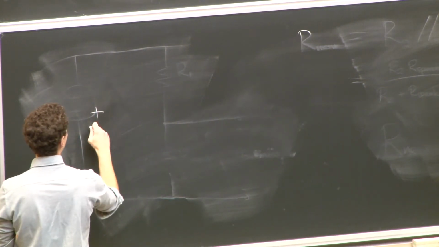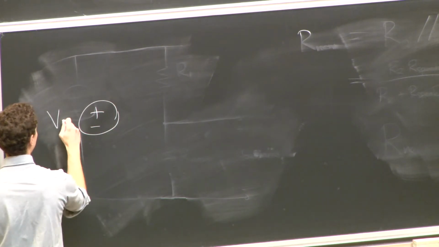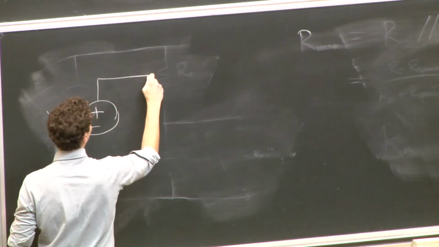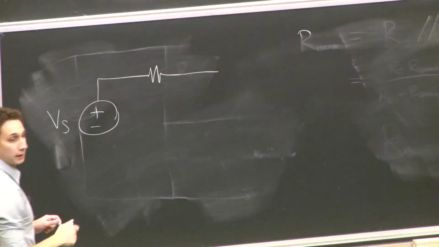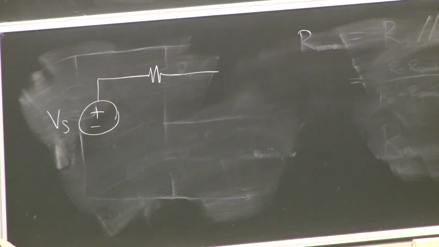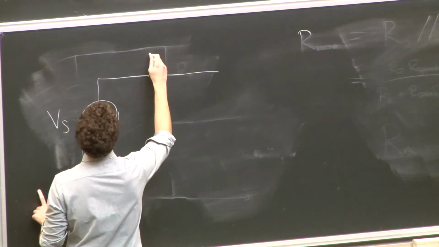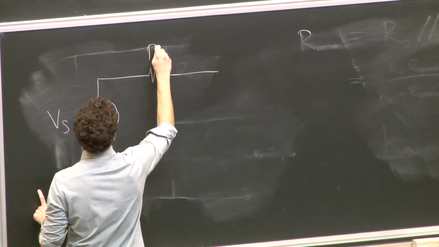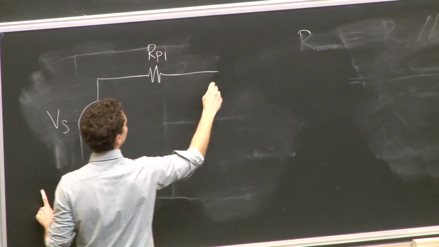So the voltage source Vs stays the same. And now we have this first one. I'm going to take those two resistors, put them together. Let's call that RP1.